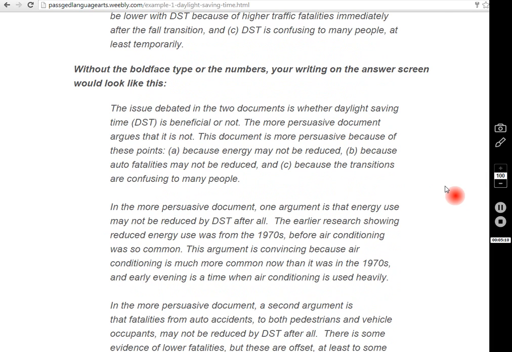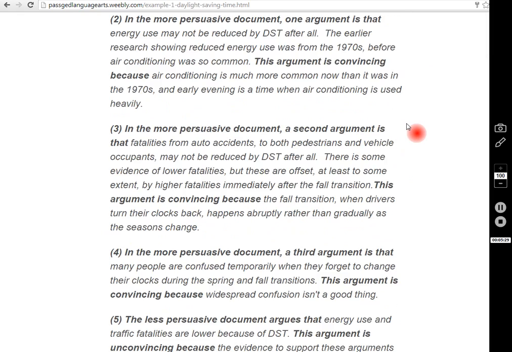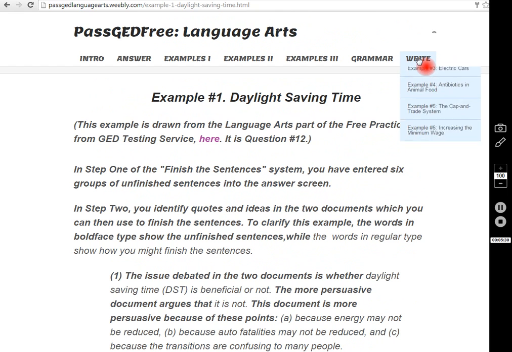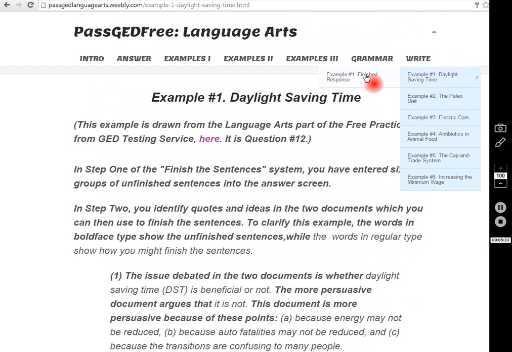Now, on the language arts and social studies tests, you have dedicated periods of 45 and 20 minutes to answer the writing questions where you can't do anything else. So there, it makes sense to use step 3 of the system and to revise the drafts you get from the first 2 steps of the Finish the Sentences system.